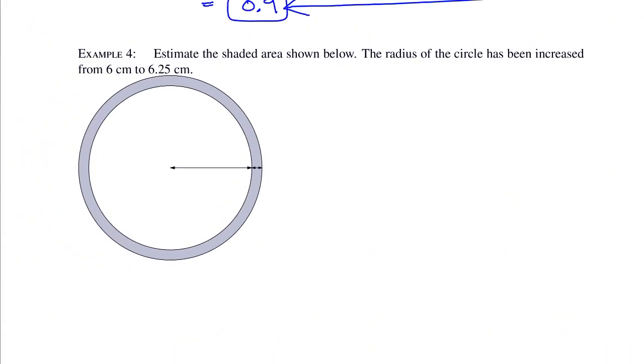Example 4, estimate the shaded area shown below. The radius of the circle has been increased from 6 centimeters to 6.25 centimeters. So to do the estimate, we'll use differentials. So first we need an equation. We're looking at area. So the area of a circle is pi r squared. Oh, it's not on the screen.